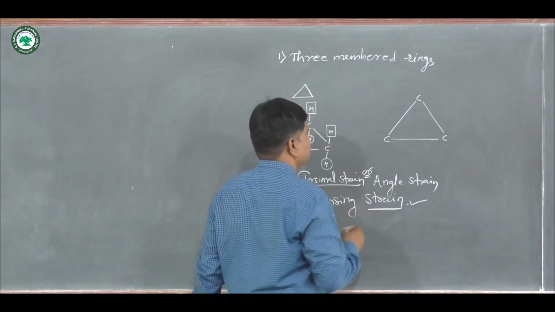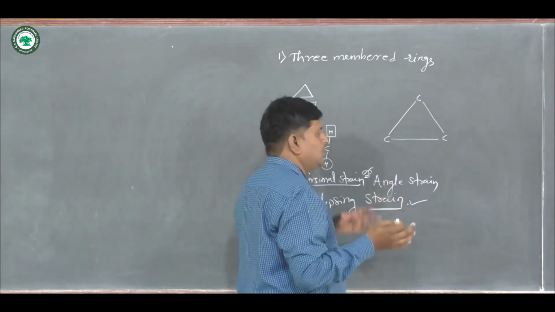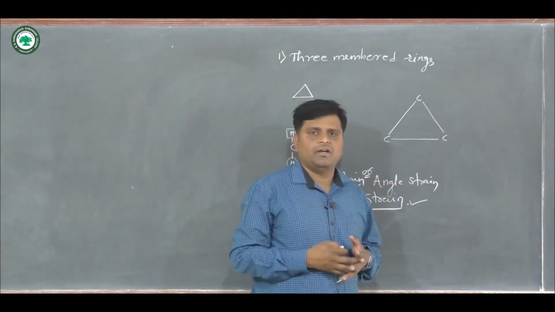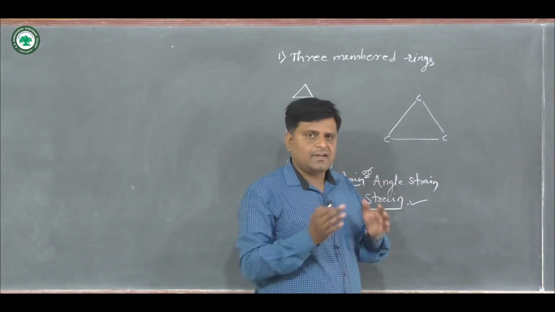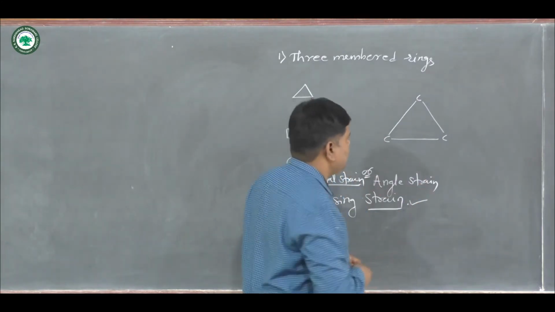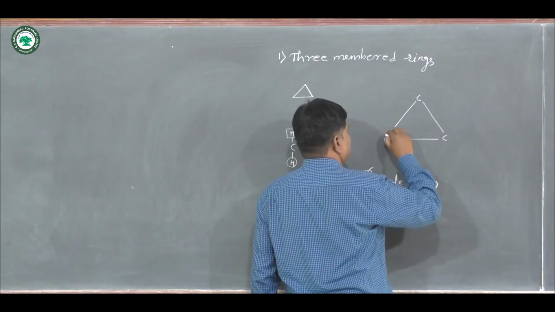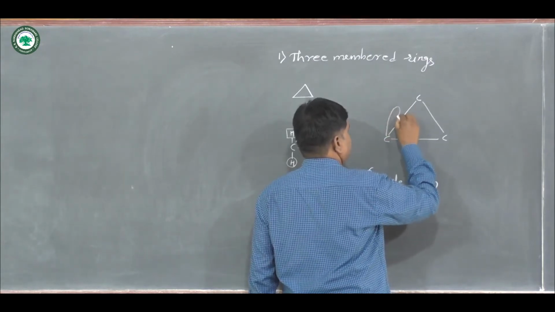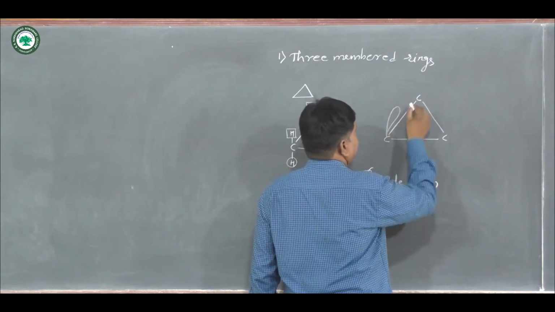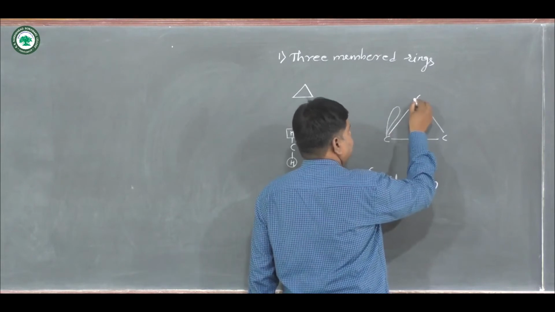So the electron density of the bond is accommodated outside the bond. Suppose we try to draw the electron density here.